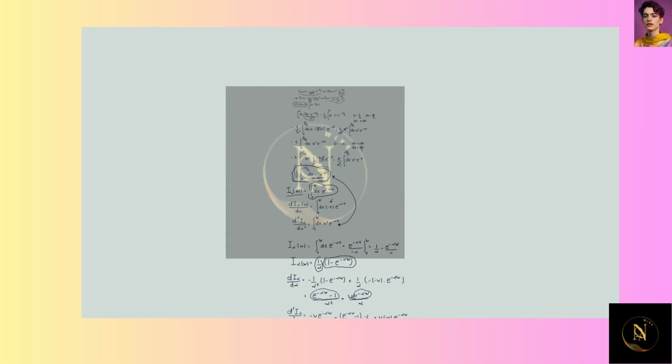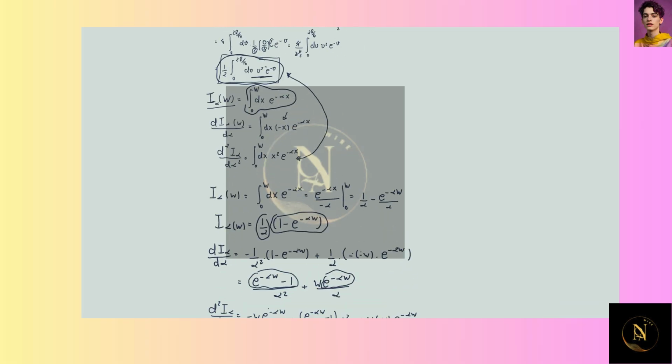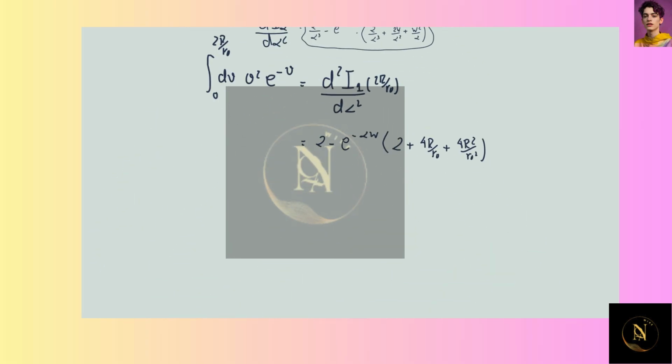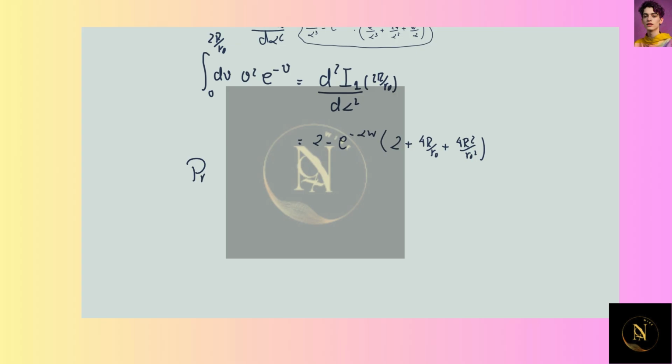Then there were the prefactors, which was 1/2. So finally we have the probability of finding the electron within a radius R is equal to 1/2 times (2 minus e to the minus alpha w times (2 plus 4R divided by R0 plus 4R squared divided by R0 squared)). Note that I forgot to substitute this w here by 2 times R over R0, so let me do that.